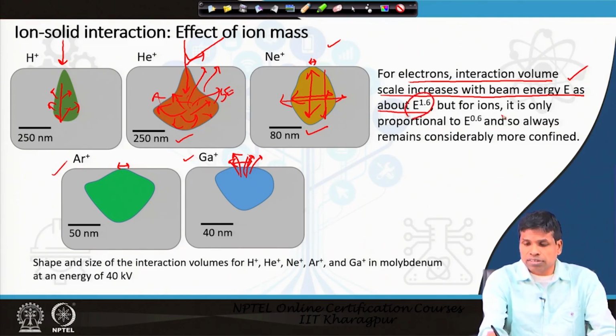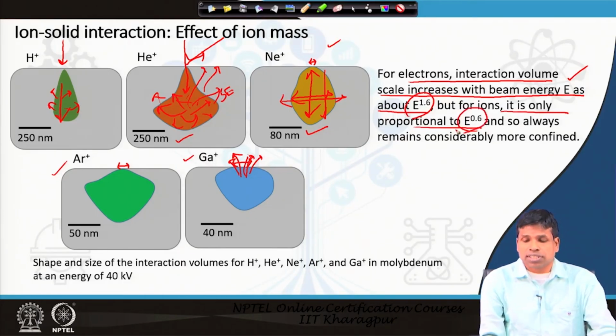On the other hand, for ions, it is only proportional to E to the power 0.6, much smaller. So, even though we increase the acceleration voltage, the interaction volume does not increase as significantly as that of electrons for the ions.